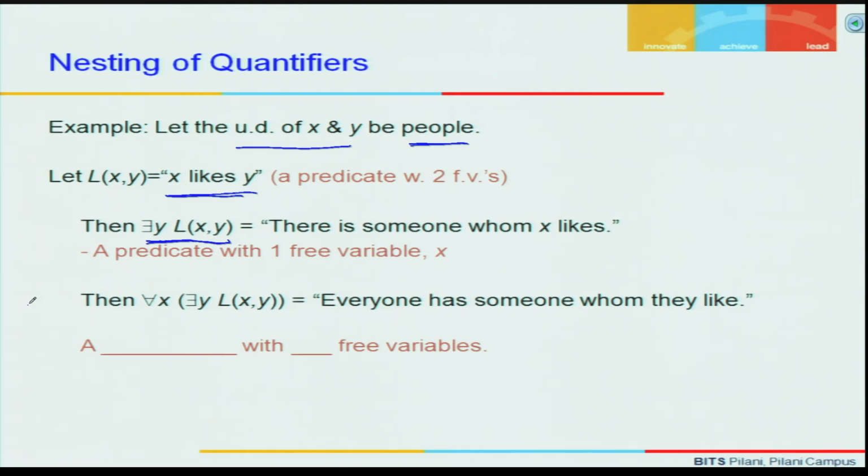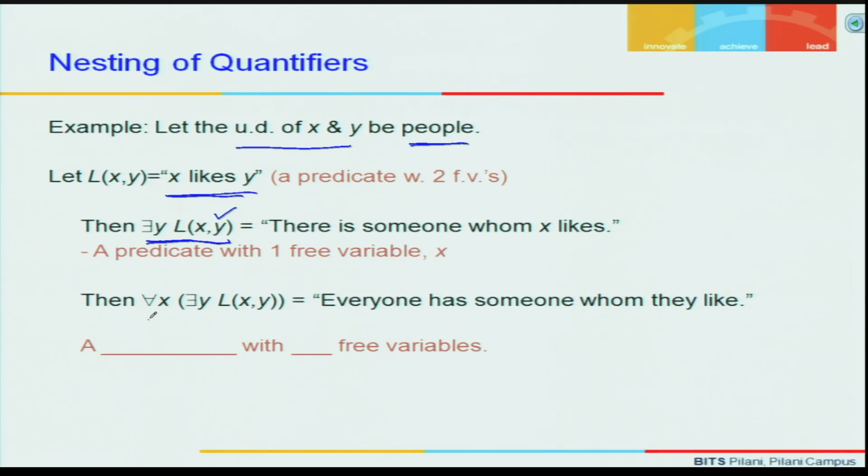In English we have to understand this particular statement as there is someone whom x likes. It means a lot of things, isn't it? You take any x, there is going to be a human being who is liked by x. So this is again a predicate with one free variable x.